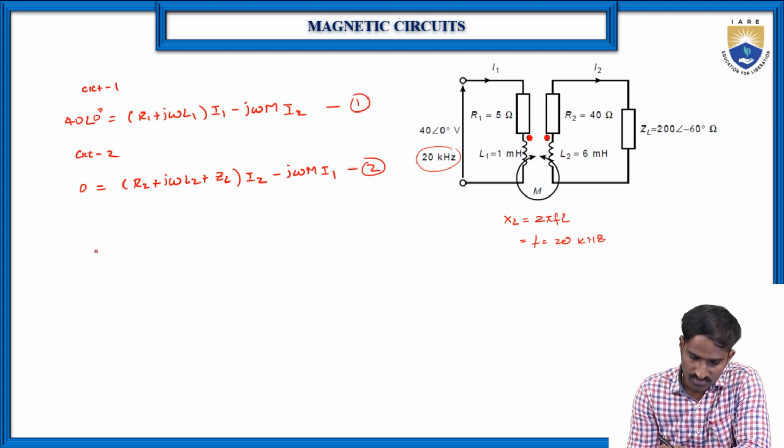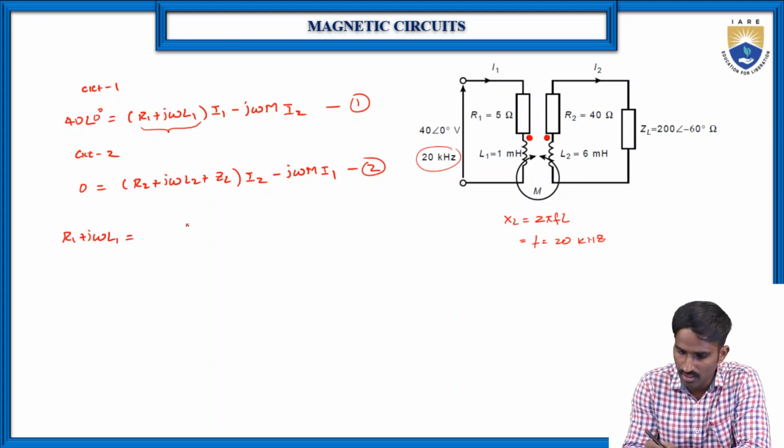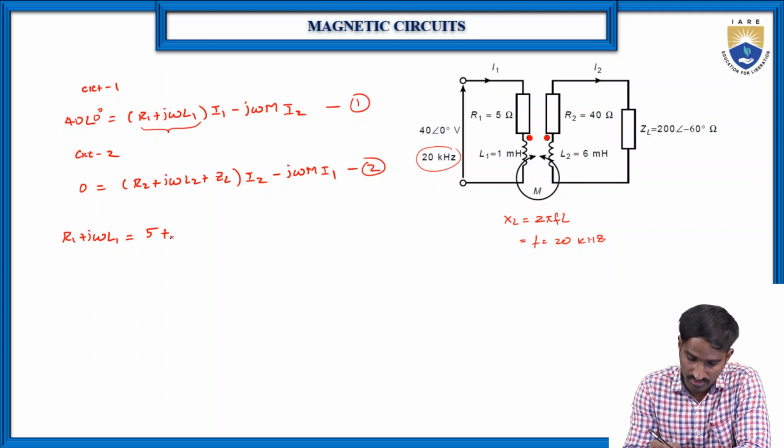Now first we need to find the terms. What is R1 plus J omega L1? R1 is 5 ohms plus J into 2 into pi into f, which is 20 kilohertz, that is 20 into 10 to the power of 3, into L1, which is 1 into 10 to the power of minus 3.